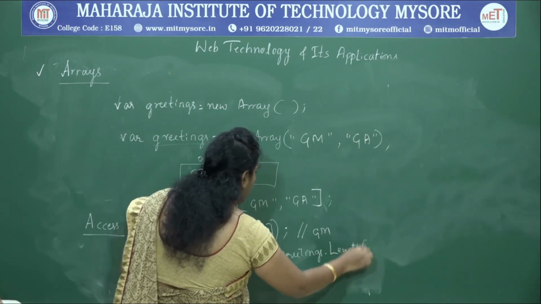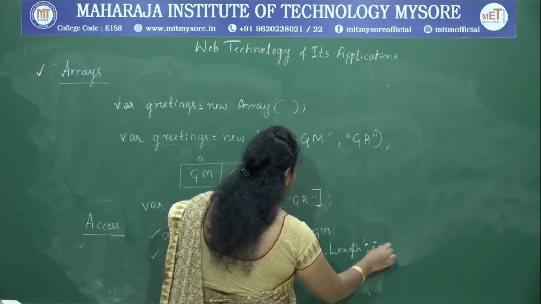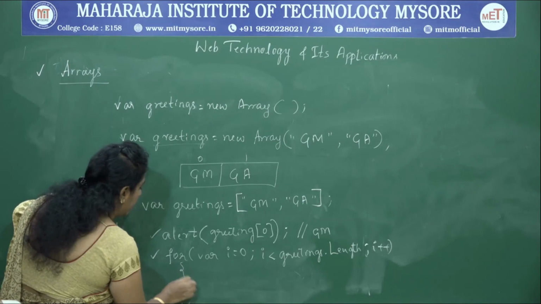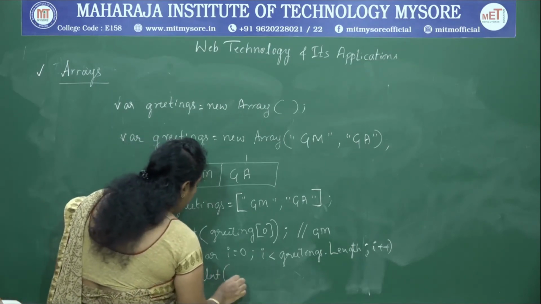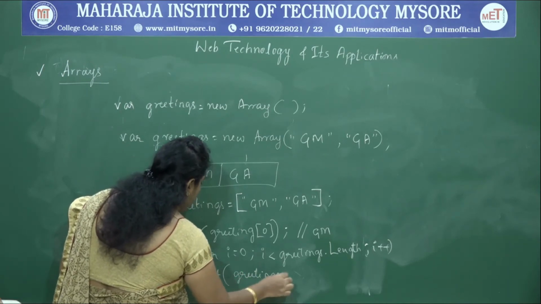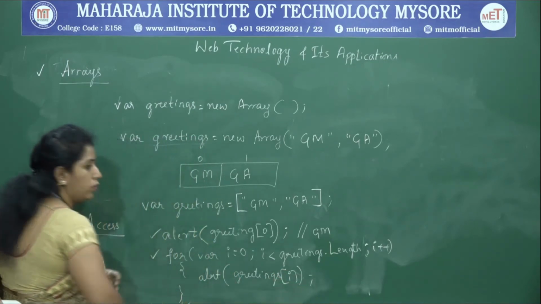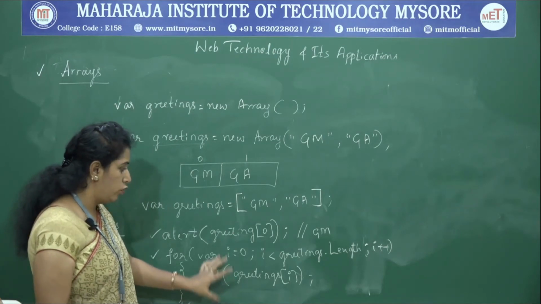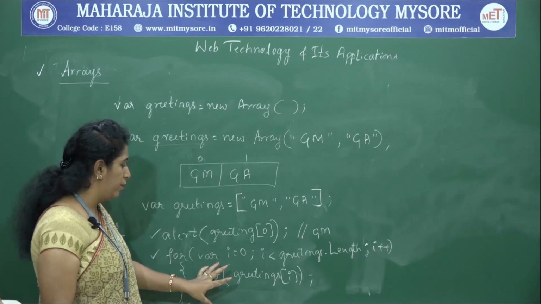In this way you have to call. Okay, then i plus plus. So inside this you want to print alert, then greetings of ith index. So this is one simple program logic which is going to illustrate how to print the contents of an array.